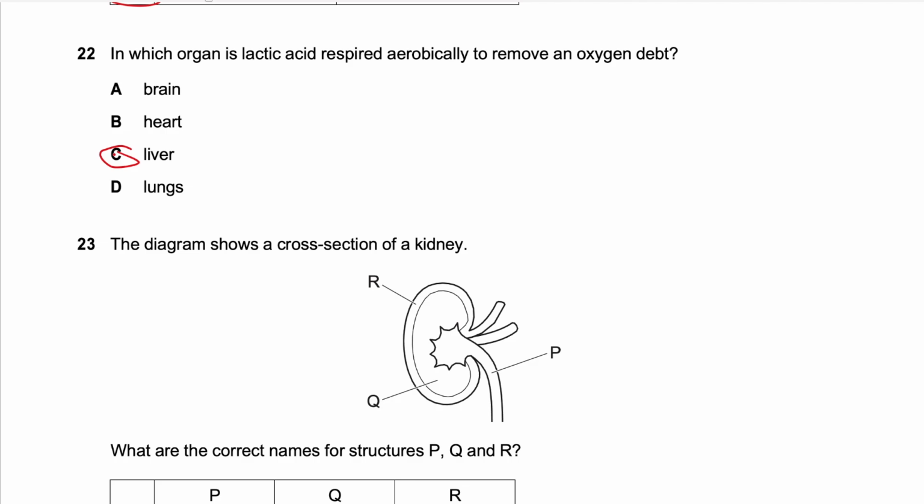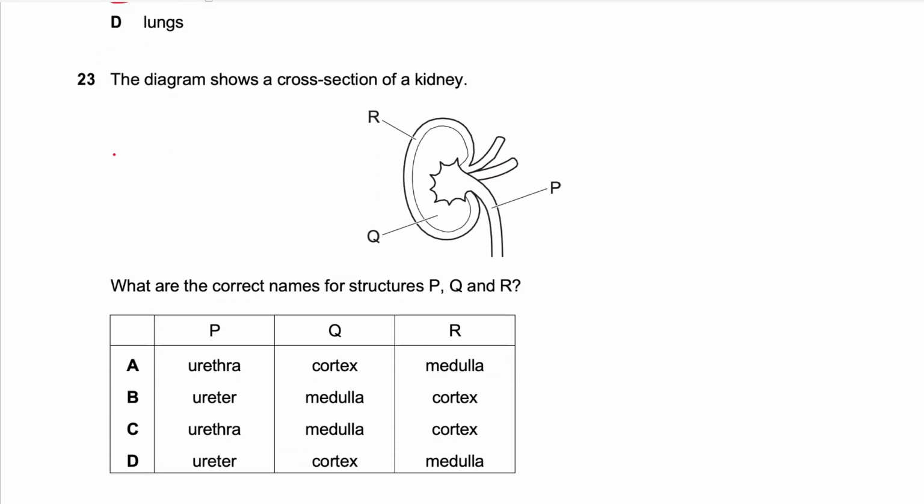To the liver, where it is converted back to what? To pyruvate. In the presence of sufficient oxygen, the pyruvate is then aerobically respired, going back to the Krebs cycle and the electron transport chain to produce carbon dioxide, water and energy. So again, it's respired inside the liver.